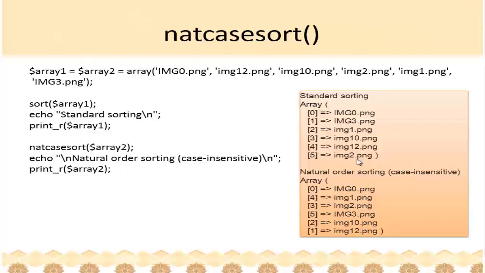If you notice over here, 0, then 1, 2, 3, and so on. I am not very sure whether you have sorted this using the non-natural way. If you sort it in the non-natural way, 0 will come, 1 will come, after that 1, 0 will come, then 1, 2 will come, then 2 will come, then 3 will come.